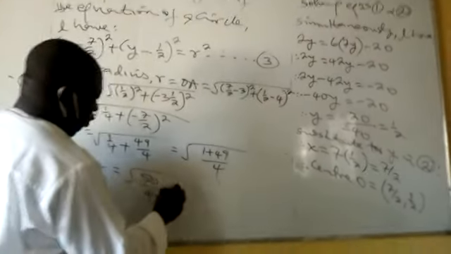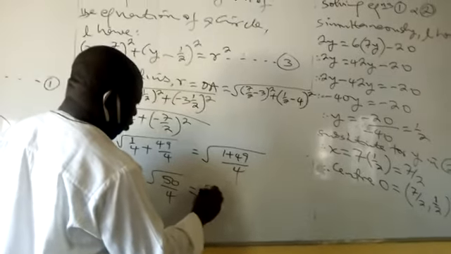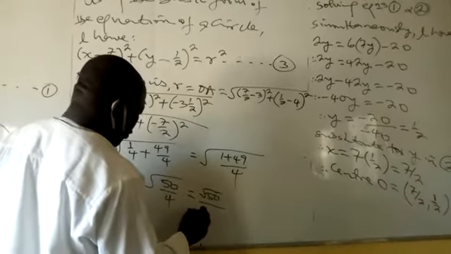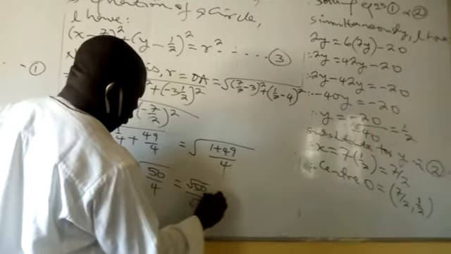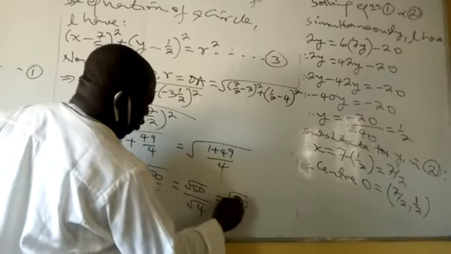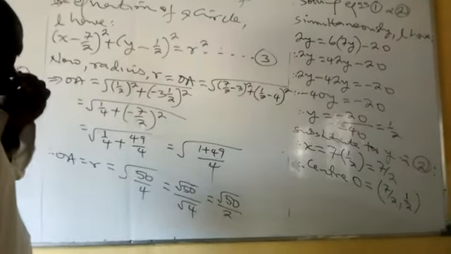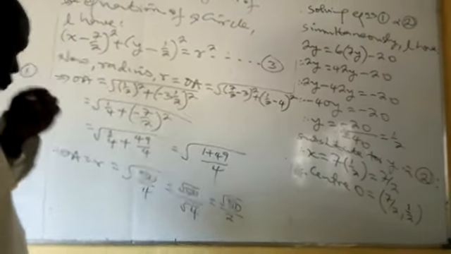So this is the root of 50 over the root of 4, and that is the root of 50 over 2. So that is the radius.